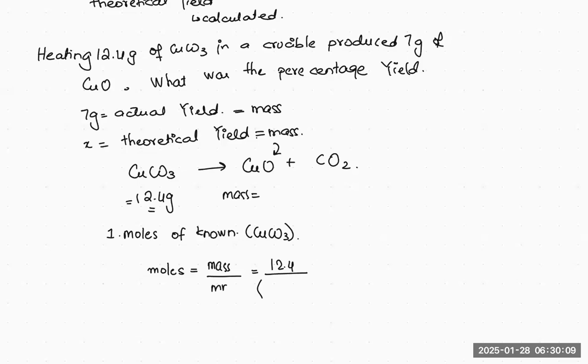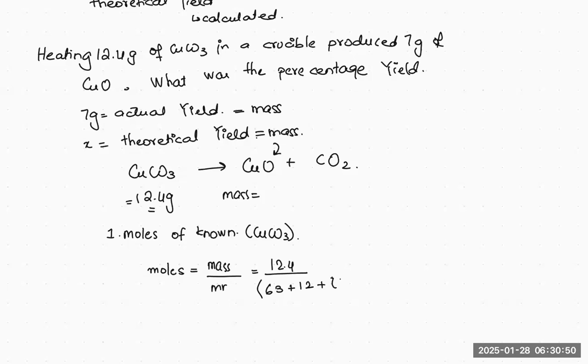What's the mass of copper, Hajra, from the periodic table? 63.5. Right, correct. And then we have carbon. Carbon, if you look in the periodic table, is 12. And oxygen is 16. And there are 3 oxygens, so we will multiply by 3.